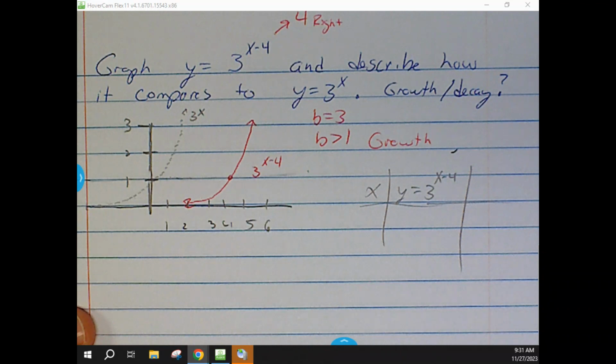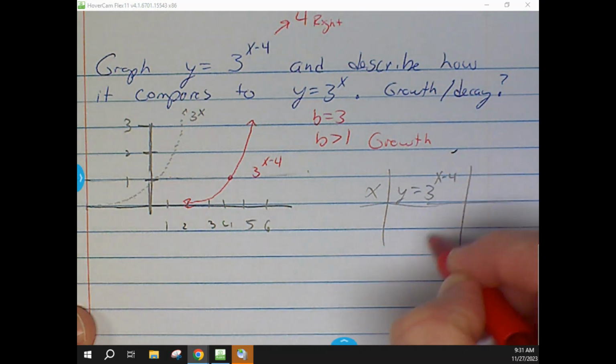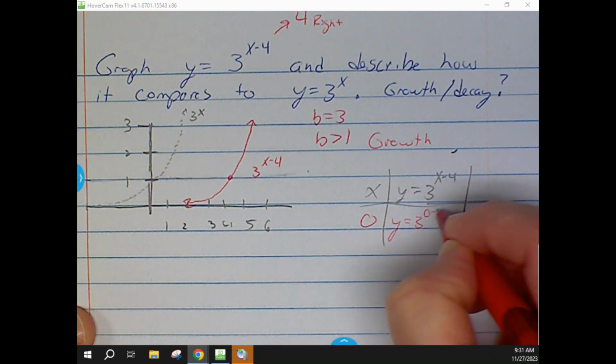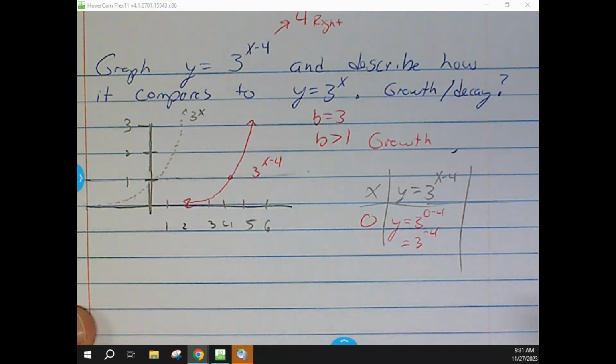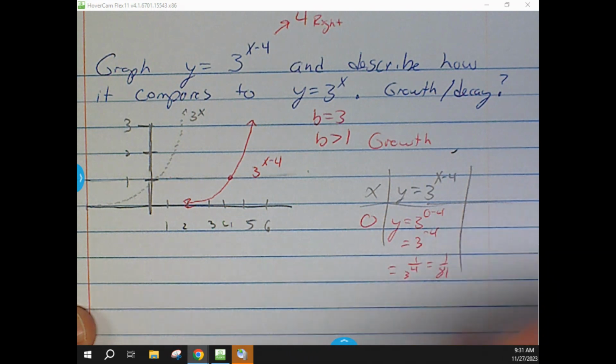If it did ask you for the y-intercept, again, you would plug in 0 here, so it'd be 3 to the 0 minus 4, which would be 3 to the -4 power. That would be 1 over 3 to the 4th power, which would be 1 over 81. I don't know if they would ask you to do that.